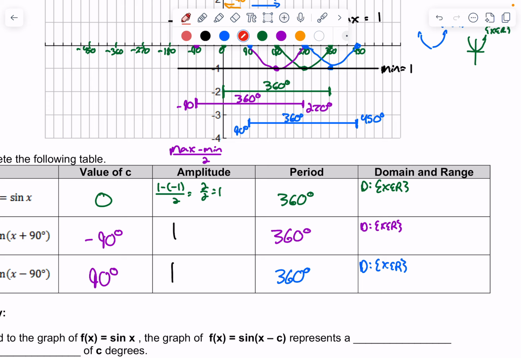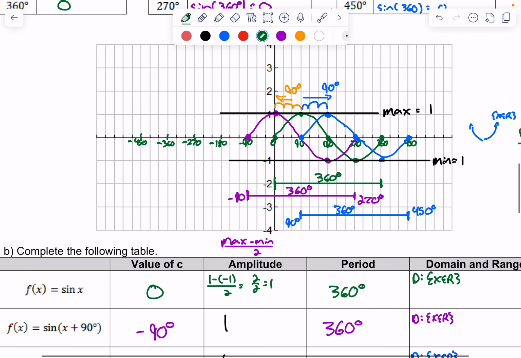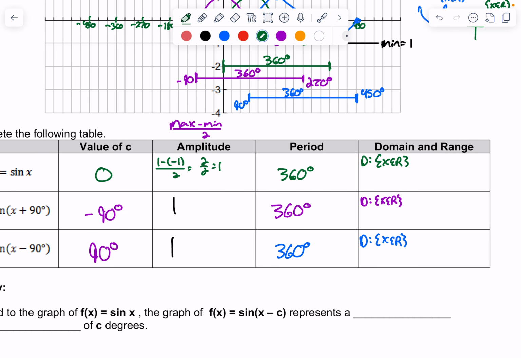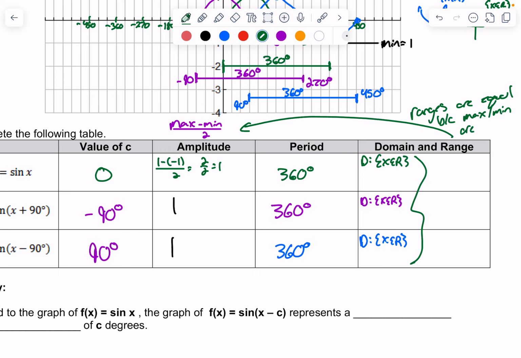The range, remember, talks about your max and your min. But we showed that they all have the same max and they all have the same min. So all the ranges are going to be equal to each other. So, instead of me writing it 3 times, I'm just going to say the ranges are equal, therefore, because max and min are equal.